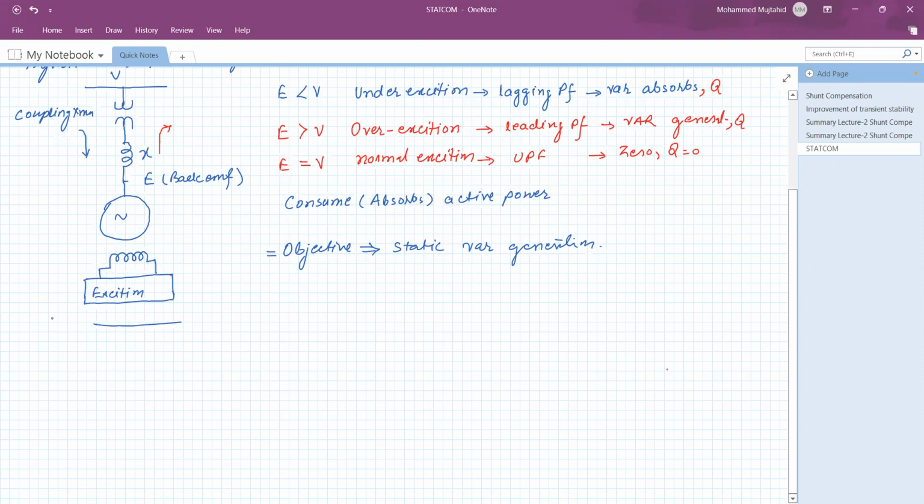So the system voltage V is as it is, this is the line, and this is the coupling transformer, with its inductor. It is similar to the thyristor controlled reactor and thyristor switched reactor. So again, it is a coupling transformer.